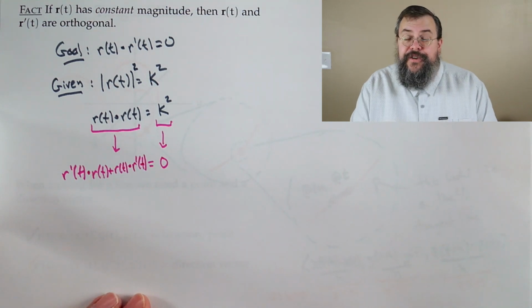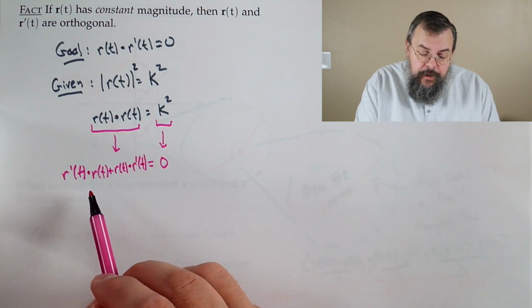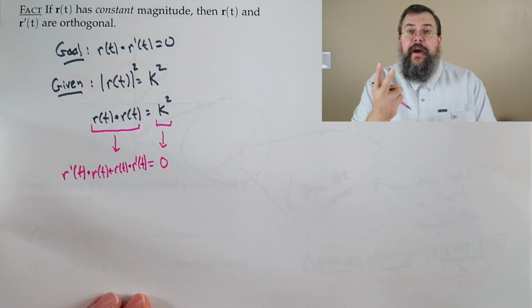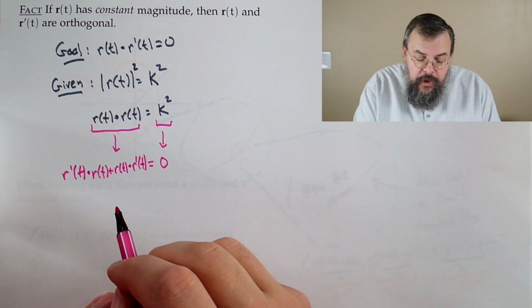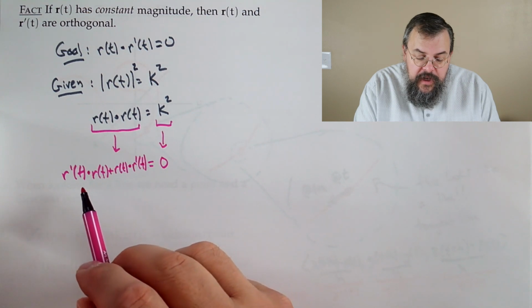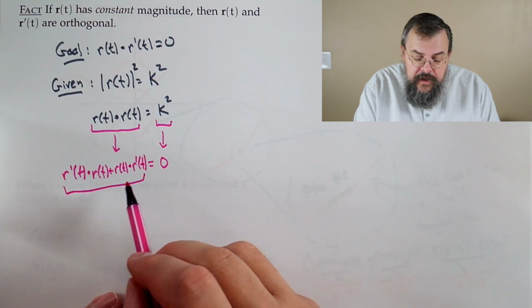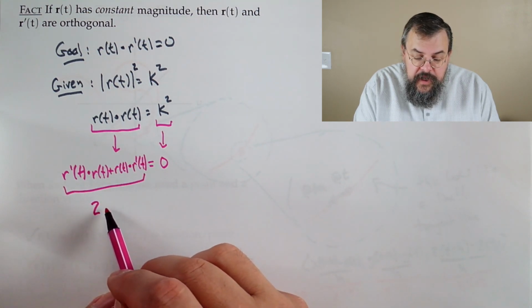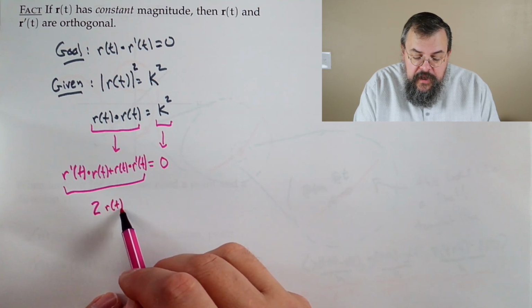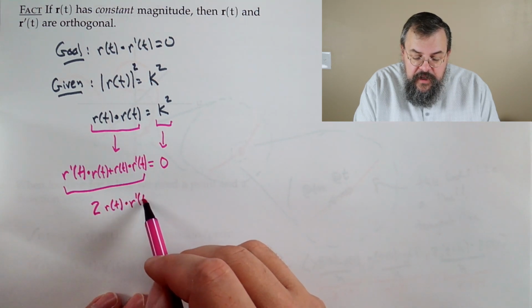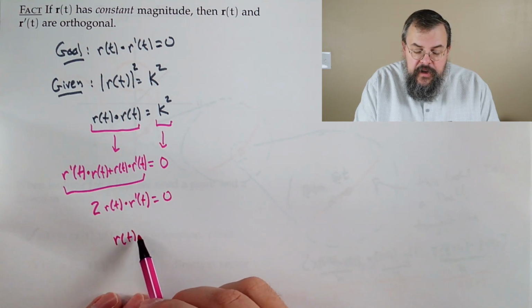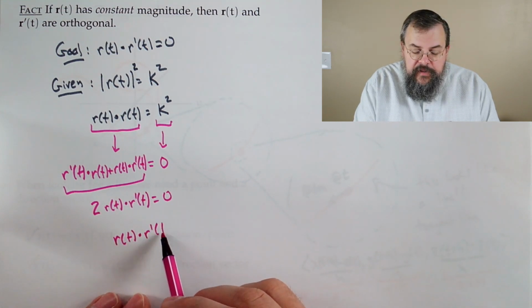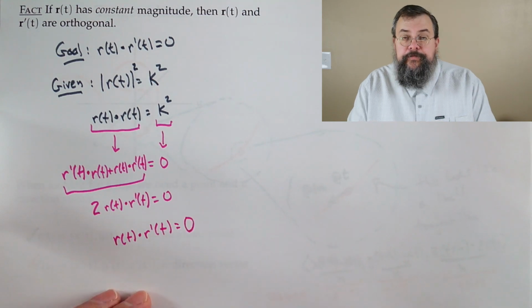Now, with a dot product it doesn't matter which order we do things in, so this side becomes 2 times r of t dot r prime of t, and it's equal to 0. Divide by 2: r of t dot r prime of t equals 0.